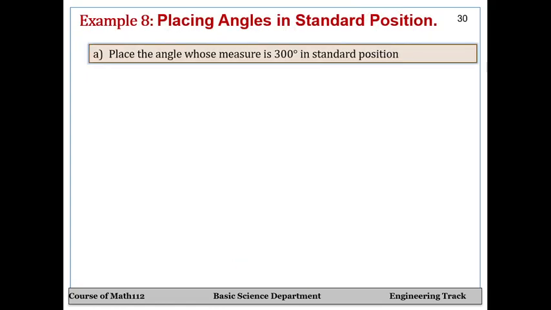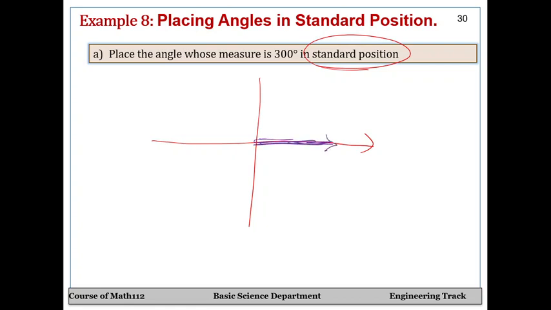Now it says, place the angle whose measure is 300 degrees in standard position. Since it says standard position, you place the initial side on the positive x-axis and you put the vertex here, and then you go for 300 degrees.